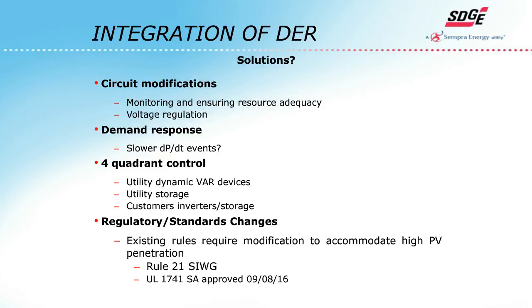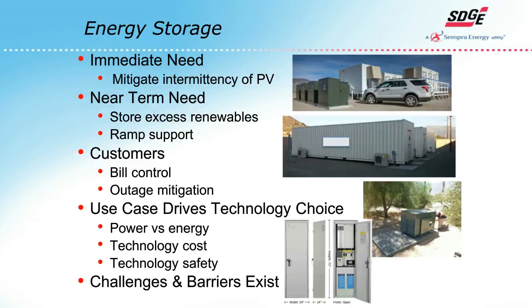And then lastly, one of the challenges in all of this is the rules and regulatory changes. So really, energy storage for SDG&E: we've got immediate needs, near term, customers have needs, and ultimately use cases drive technology choices. And challenges and barriers exist with regards to technology and the implementation of that technology.